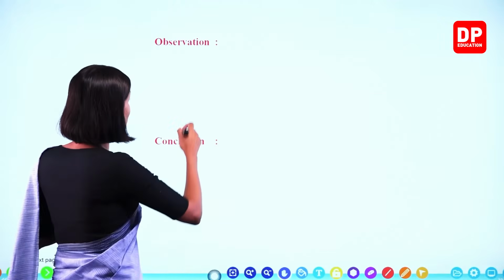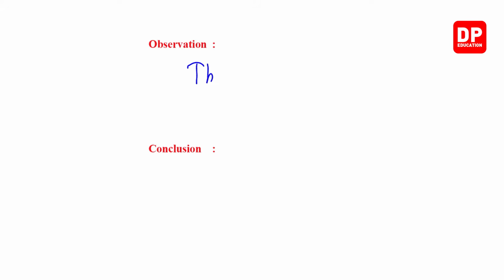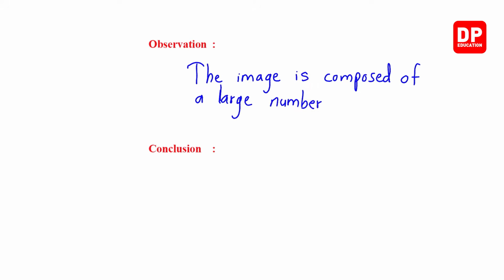Right? Okay, so the observation is: the image is composed of a large number of tiny dots.